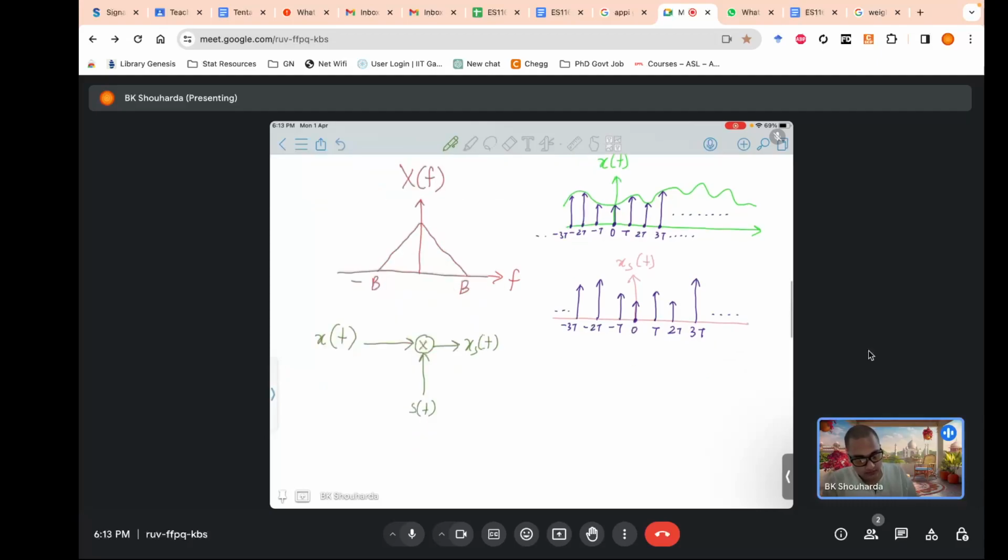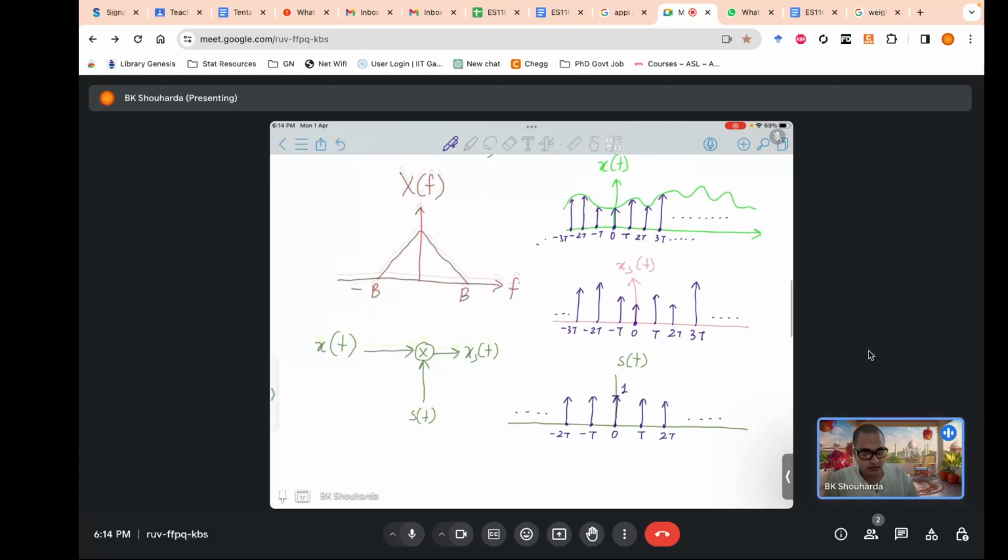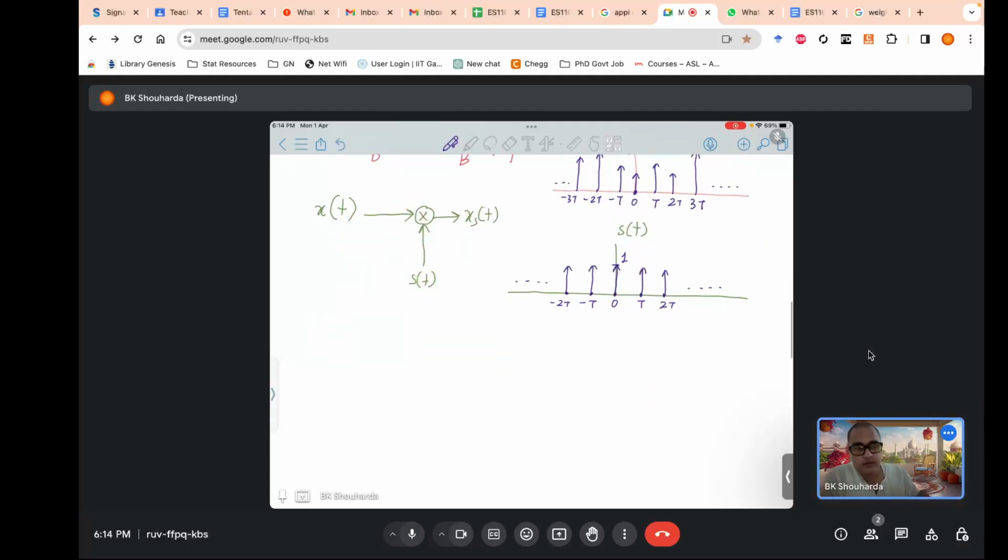So how does s(t) look like? s(t) is simply a train of impulses of unit amplitude separated by an interval of time T. What is the expression for s(t)? s(t) is a summation of shifted Dirac delta functions over the entire time interval.